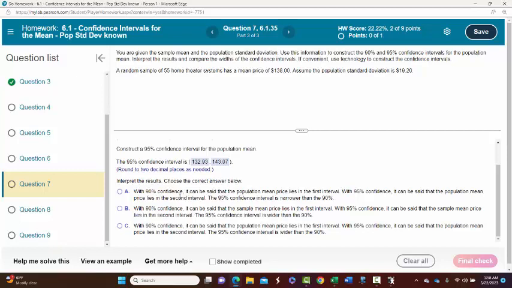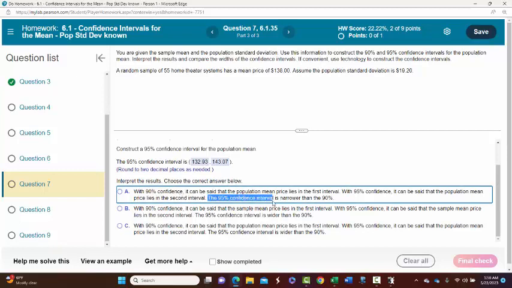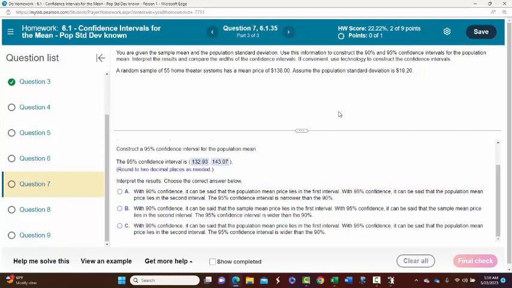The beginning of that sounds right until you get to here. Yeah, this is no good. We learned earlier that we can look at the answers, but we don't have to do that. We already know that when the confidence level increases, the width increases. So that's definitely got to say that. So now B and C both say that, but they both say the 95 is not wider than 90, but there must be something.